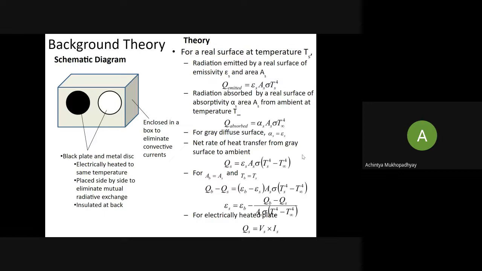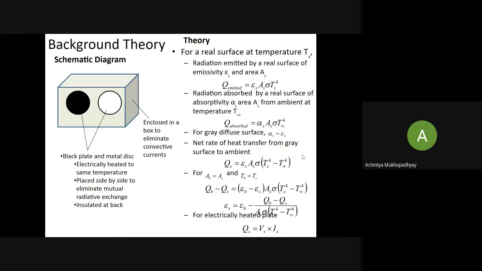So for a gray diffuse surface, even the hemispherical emissivity and hemispherical absorptivity are equal. Using that, I can replace this Q absorbed.